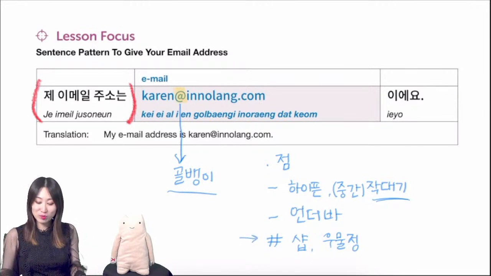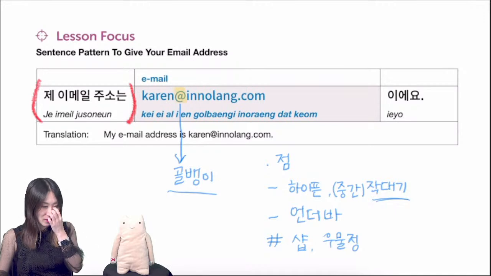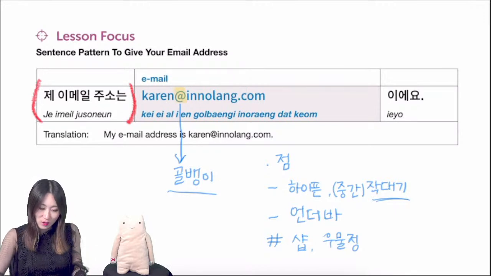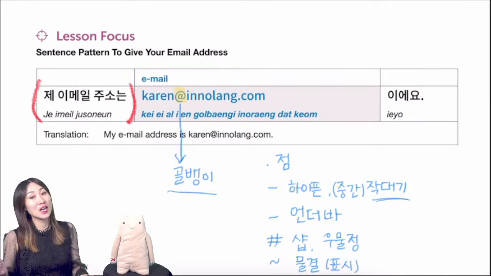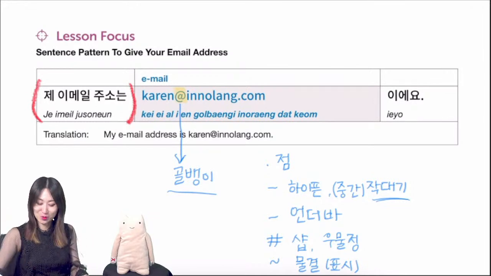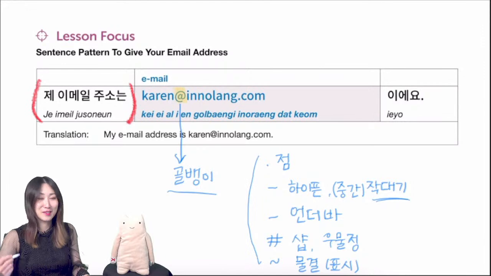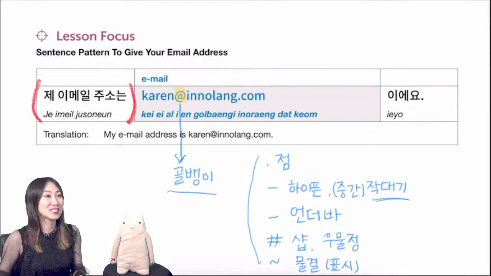So some people say 우물정, or young people often say shop these days. Shop. And what else? We also have this, right? This is 물결. And if you want, you can put 표시. 표시 means mark, and 물결 means wave.